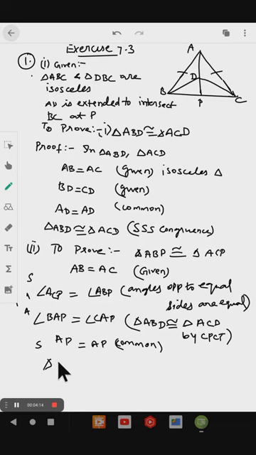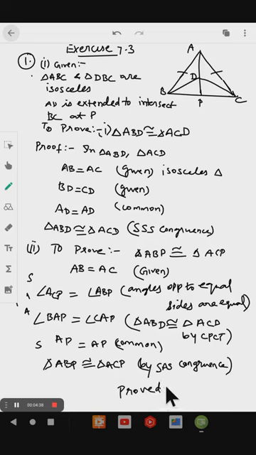According to this, triangle ABP is congruent to triangle ACP by SAS congruence. Hence proved. Questions 1 and 2 are proved.